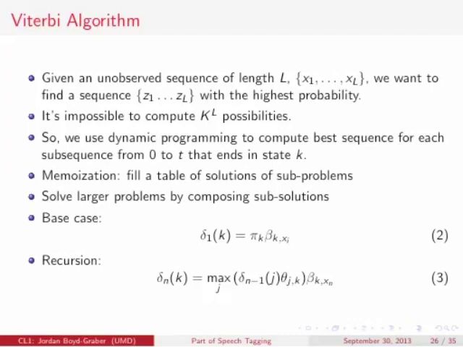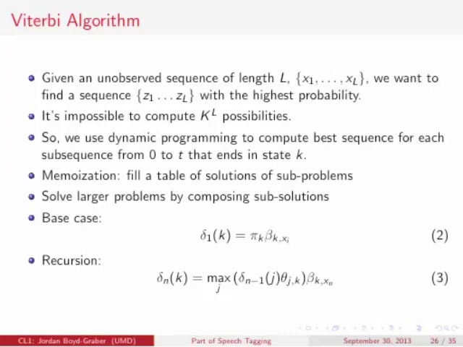Now once we have the base case, we can do recursion to find out all of the other states. If we want to find out what is the best probability that we can get by some sequence of part of speech tags ending up in state K at time n, we look over all of the other part of speech tags, J, that could have gotten us there.